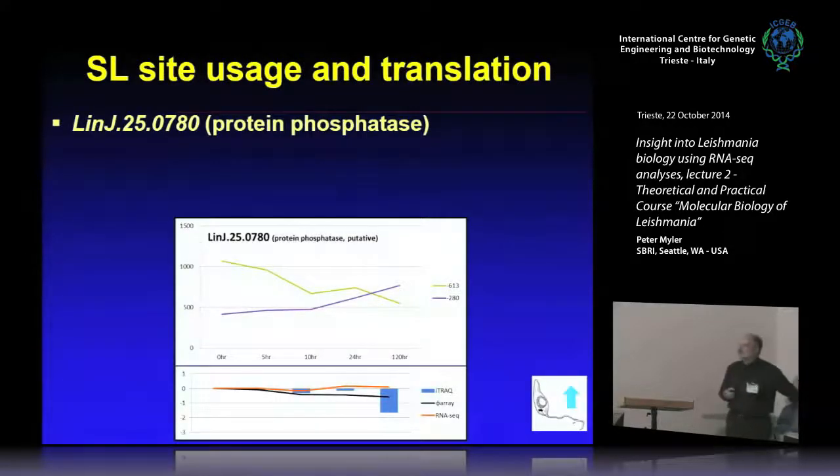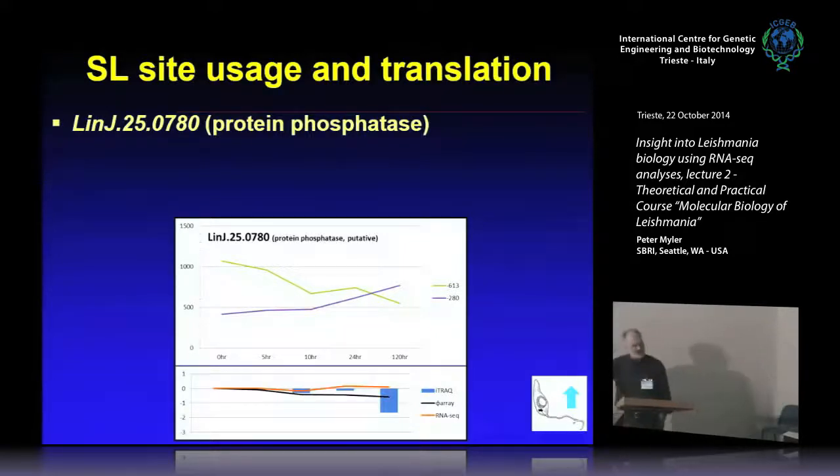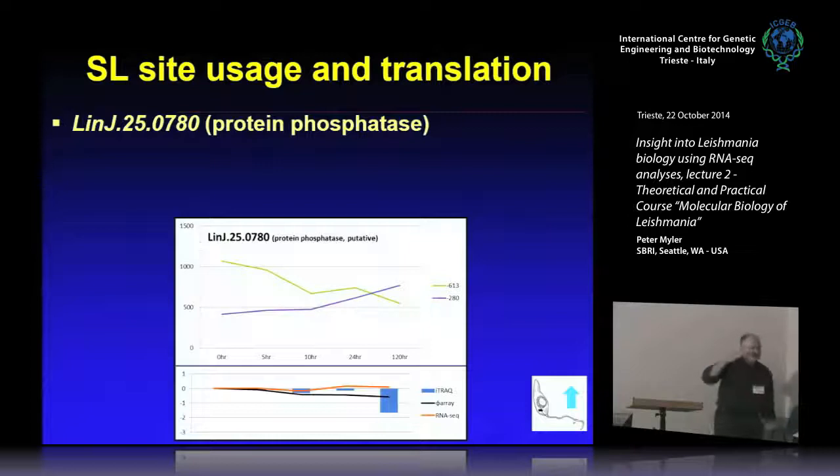So we found 2 examples. Actually, we found four or five examples where we had protein data and RNA-seq data. And so we were able to see, does the change in the splice leader site usage have an effect on the protein data? In fact, here's 2 examples where I'll show you that it does.